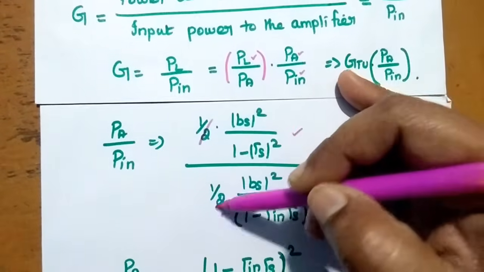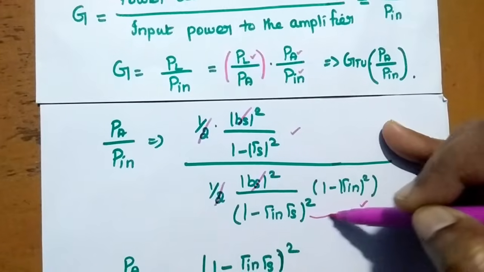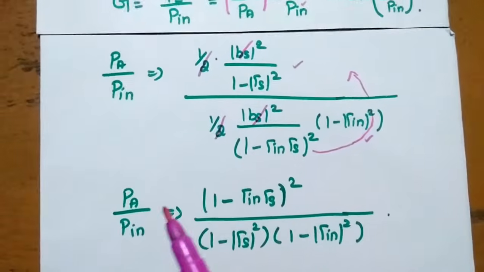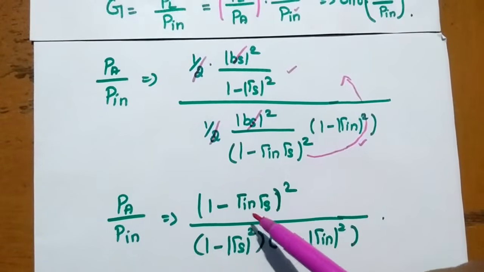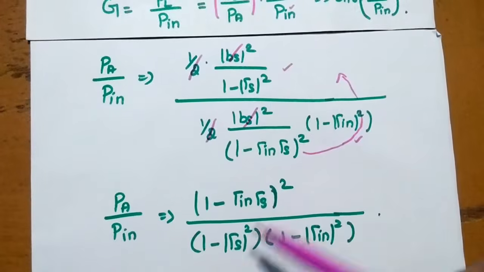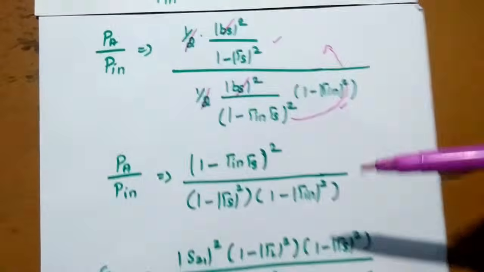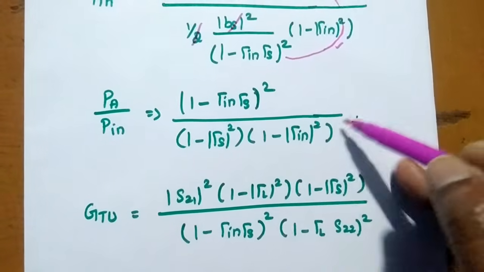We can cancel the 1/2 and |Bs|² and |Bs|², and this term goes to the numerator. So we get available power to input power equal to |1 − Γin ΓS|² divided by (1 − |ΓS|²)(1 − |Γin|²). This is the ratio of available power to input power.